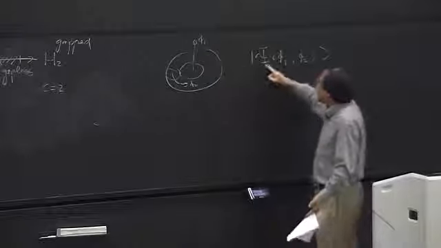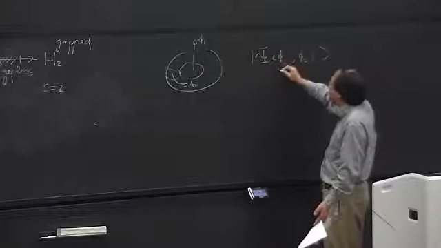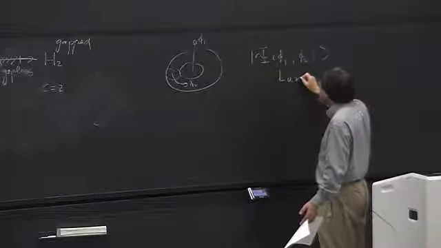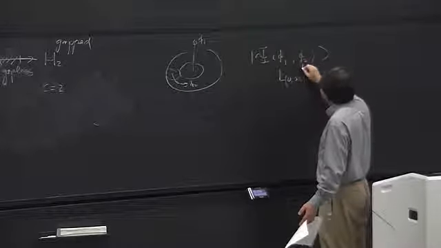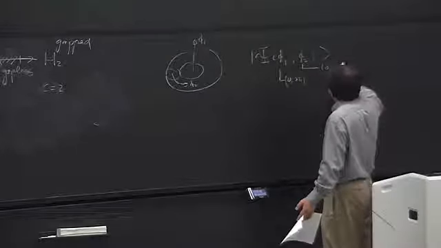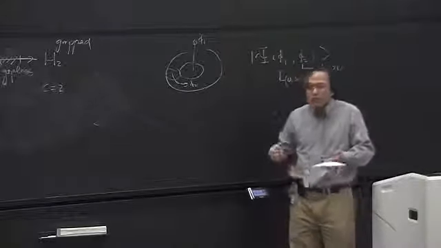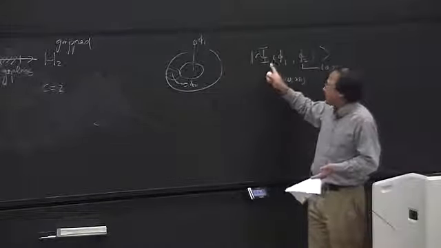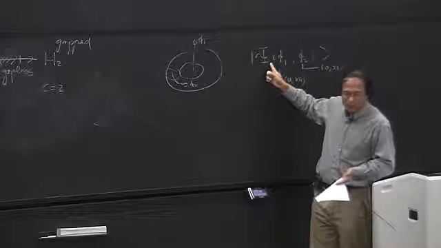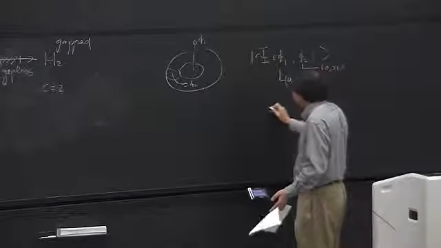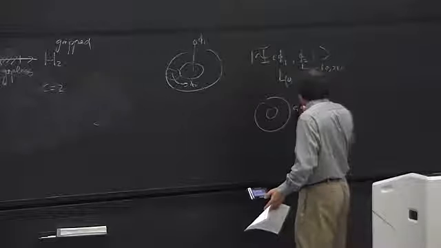Therefore, this function is a periodic function of phi 1 with a period of 0 to 2 pi, and also a periodic function of phi 2 with a period of 0 to 2 pi. So we can view this wave function as a fiber bundle on the space parameterized by phi 1, phi 2.